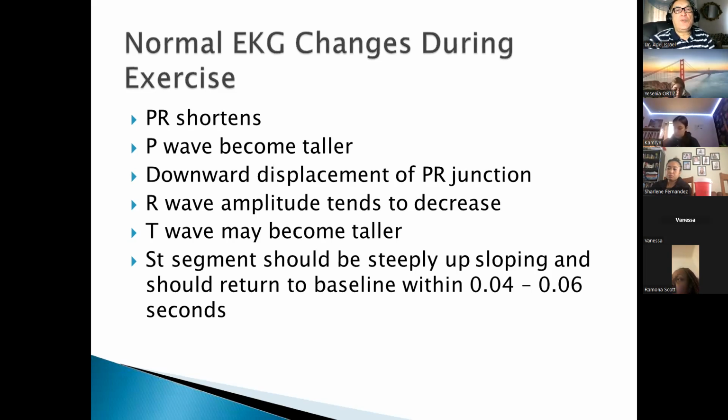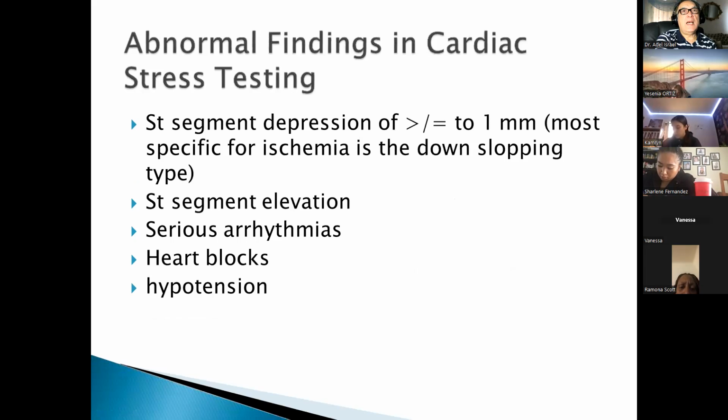This means 0.04 is one small box, and 0.06 is 1.5 small boxes. So these normal changes happen during an EKG stress test, which is of great importance, and I need you to remember this. This number is very important regarding the ST segment, okay? What is the abnormality? Like I told you, ST segment depression of more than 1 millimeter.